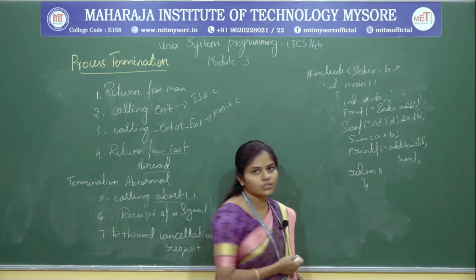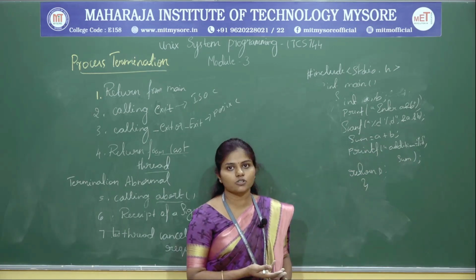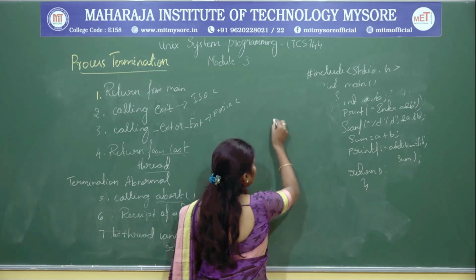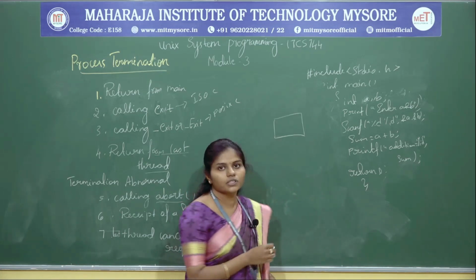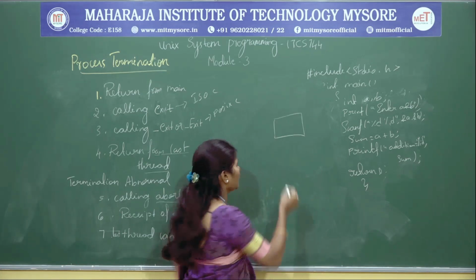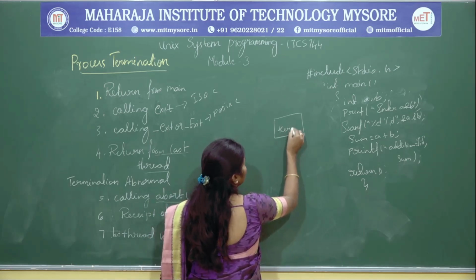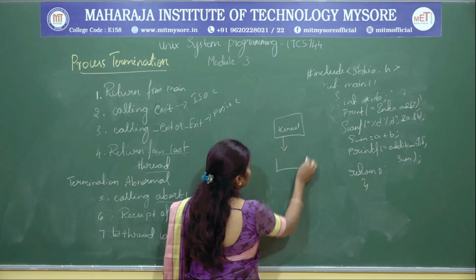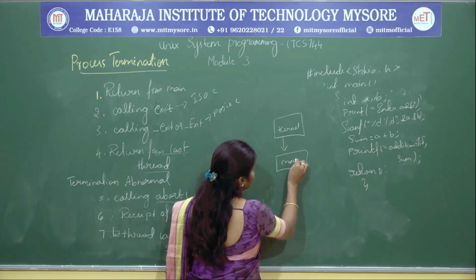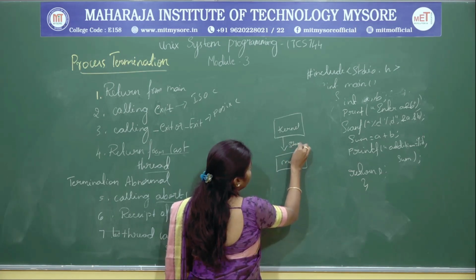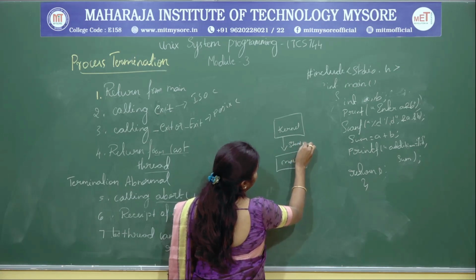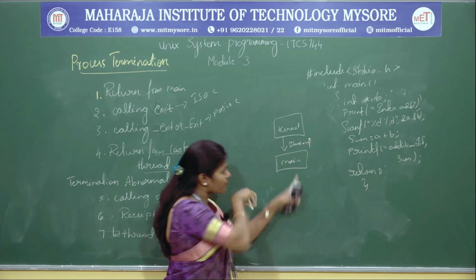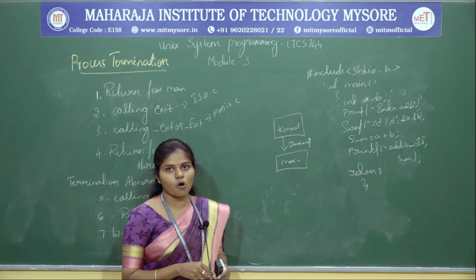While executing this program, how does it work internally? Internally it is going to make use of the startup routine. The kernel is going to call the startup routine, and it is going to call main. Now the main function is going to be called.